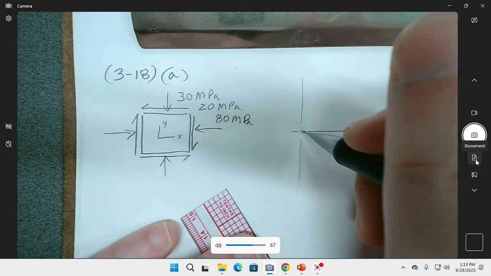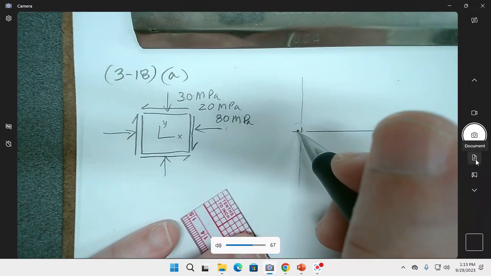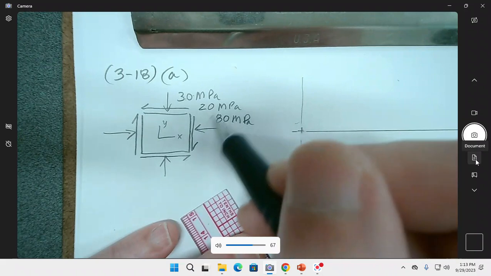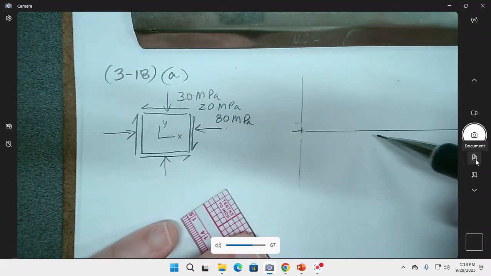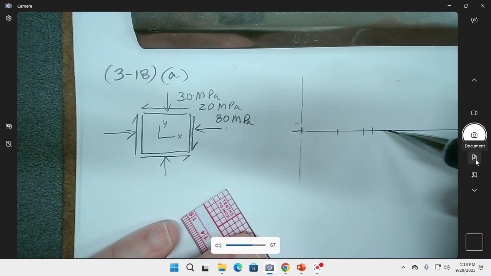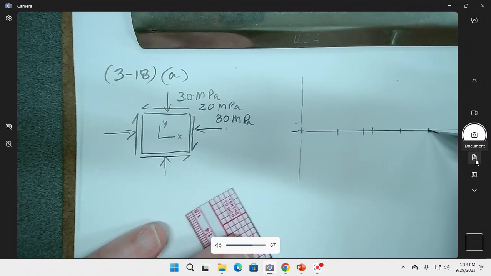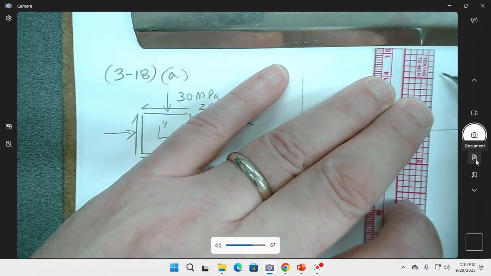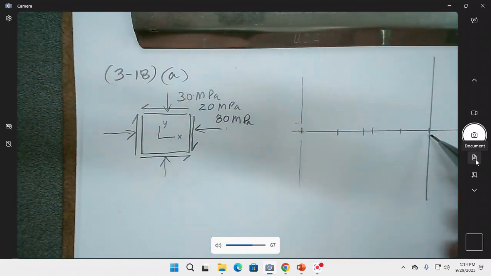I should reserve the dot for the actual face when we get over here. But it's in compression. And then maybe if we were to pick right there, we'll say this right here is 40, so that would be 60. Is that right? 40, 60, so this would be like 1/2. Here's a 20. So maybe somewhere over here might be 0. Is that okay? All right.